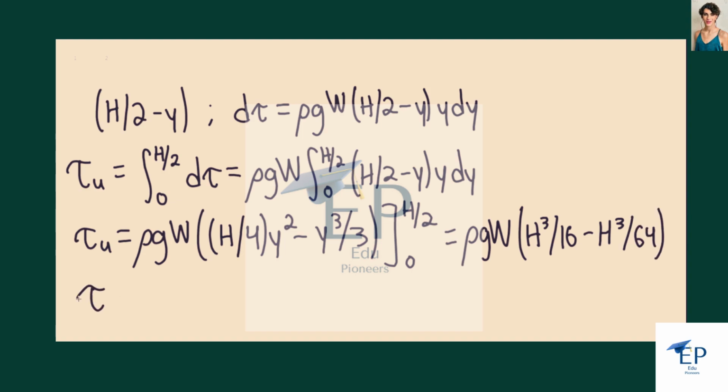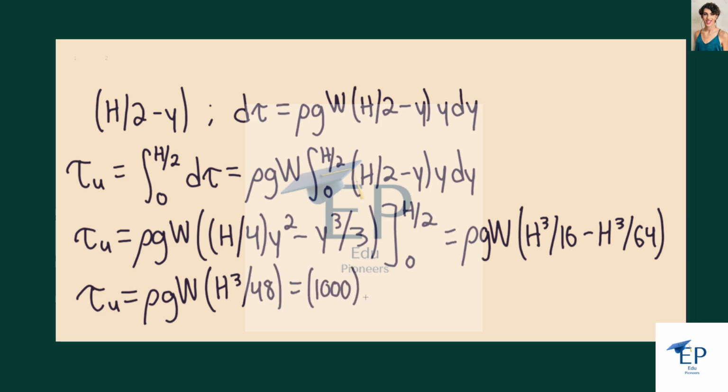The torque on the upper half would equal density g width times h cubed over 48. And we can calculate 1,000 kilograms per cubic meter times 9.80 meters per second squared, multiplied by the width of 4.00 meters, multiplied by 2.00 meters, the height of the gate, cubed, divided by 48.